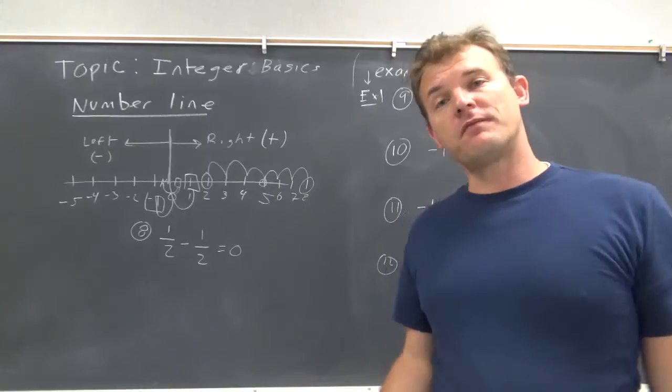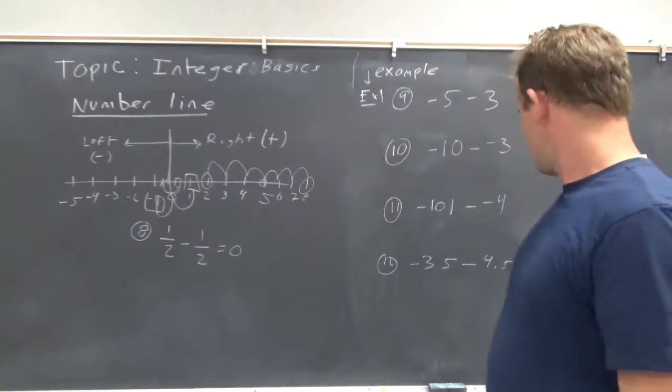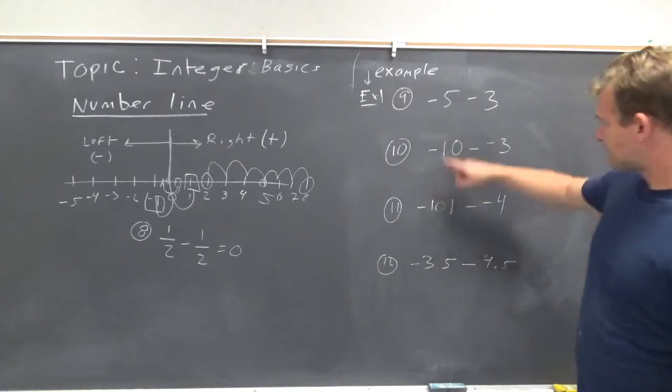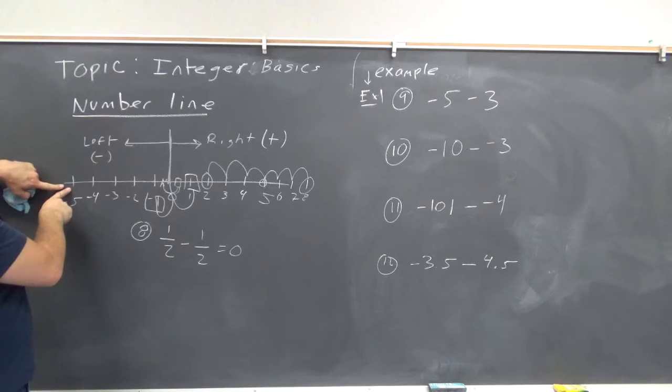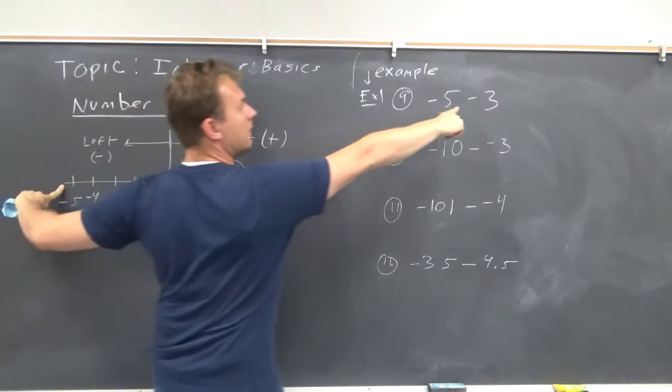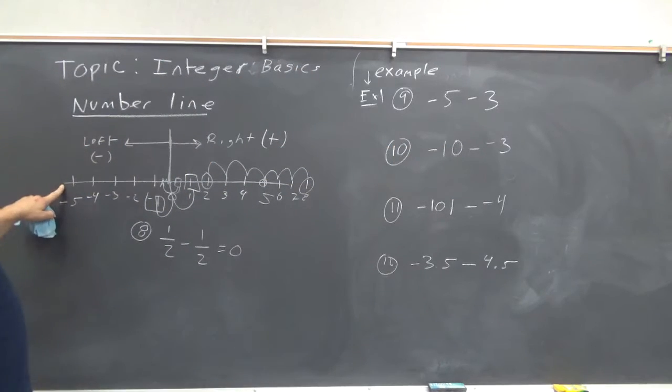Okay, hopefully you stopped this video and went through these yourself to practice. So here we go. Negative 5 minus 3. We're going to have to go left: 1, 2, 3.